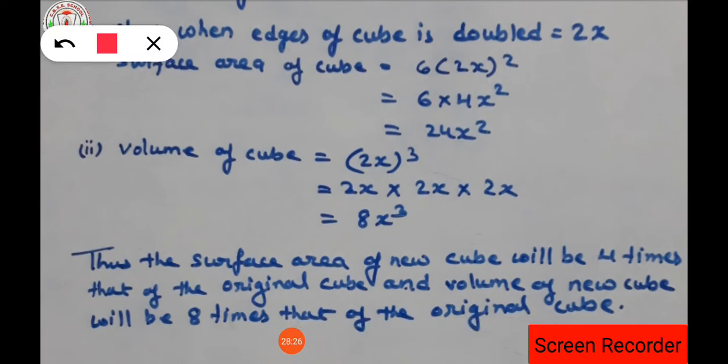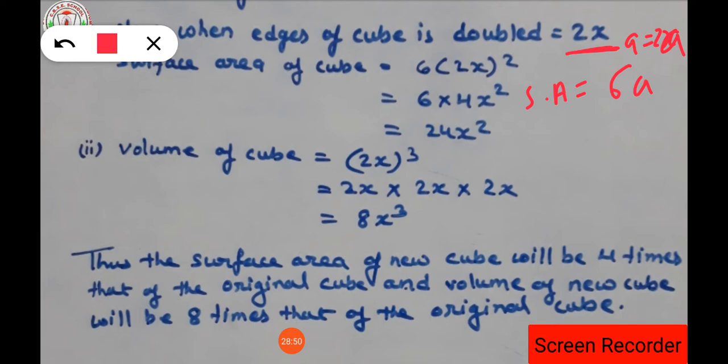So in place of x, we have to consider 2x. Why are we considering 2x? Because the edge of the cube is doubled. What is the formula for the surface area of a cube? It is 6a square. If the side, that means the edge, is doubled, the value we are going to put is 2a.